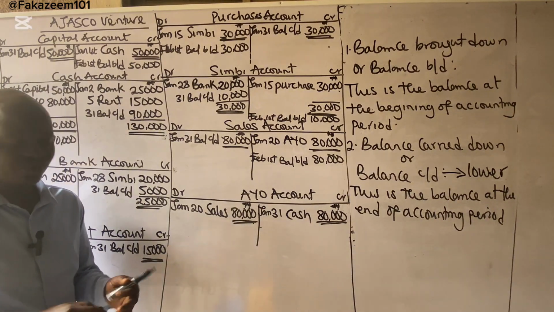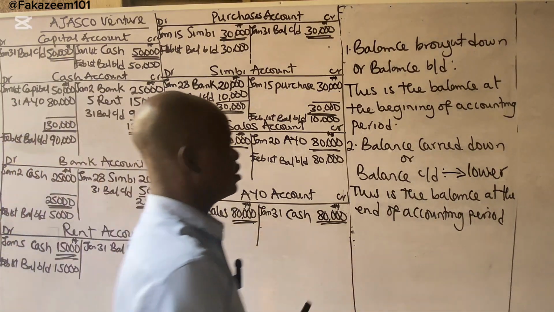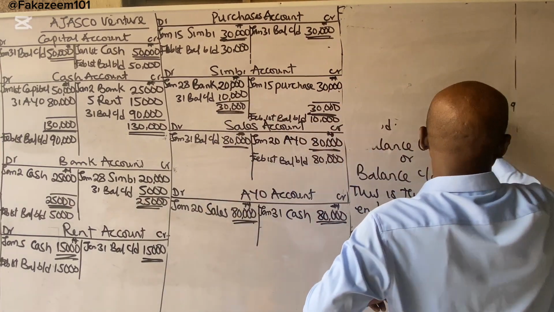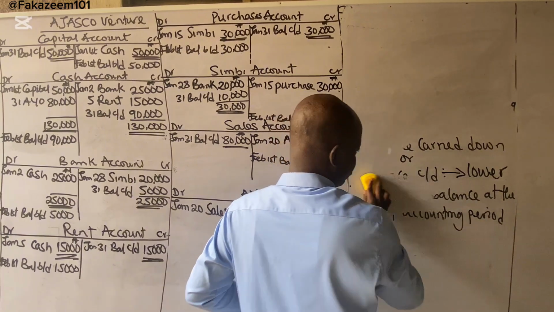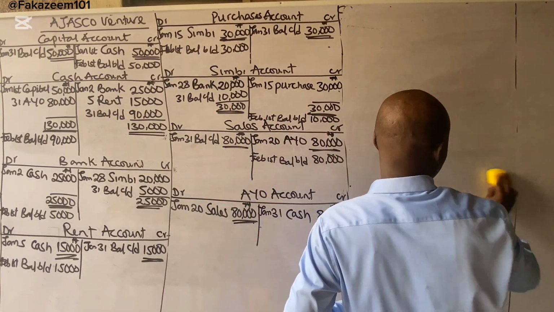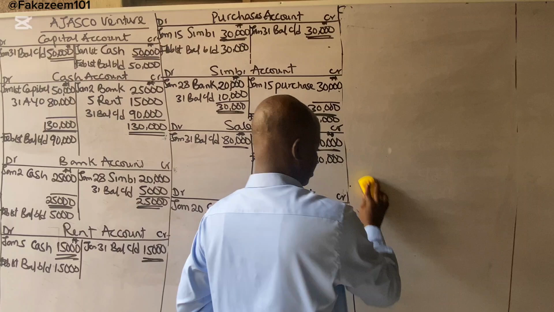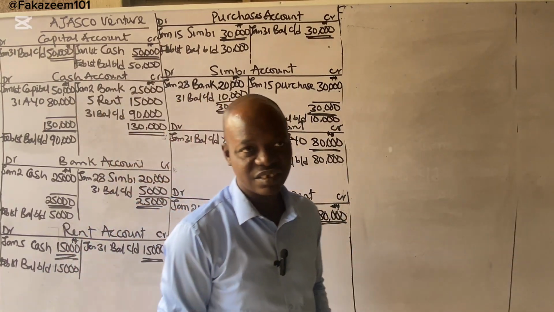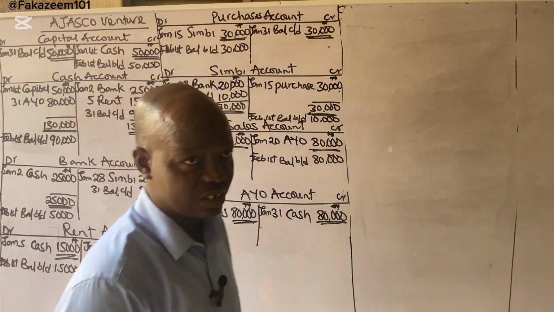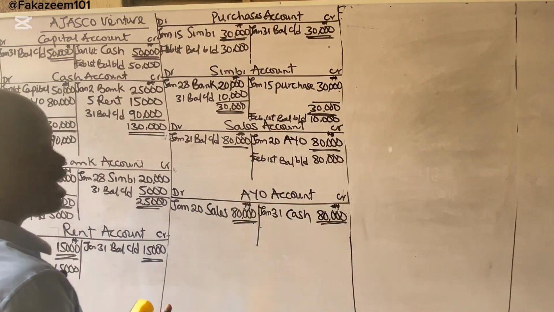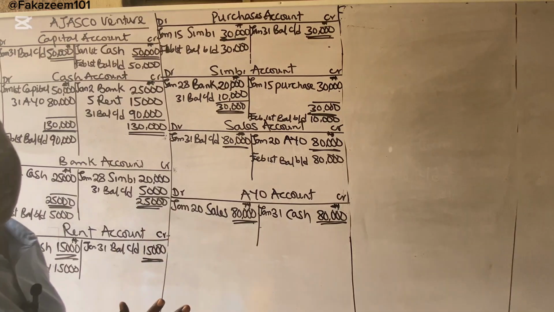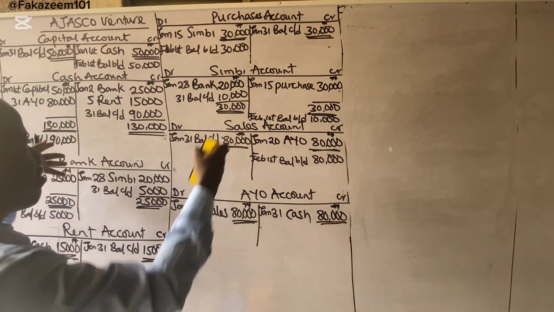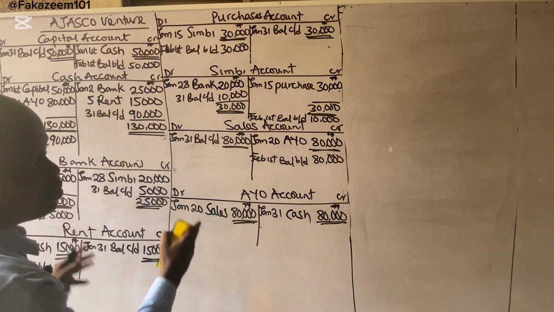We said post the transaction to the ledger. Now, solution 2 said we should extract a trial balance. What is a trial balance? A trial balance is a list for testing the arithmetical accuracy of debit and credit balances extracted from the ledger.